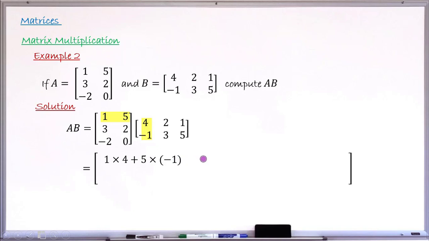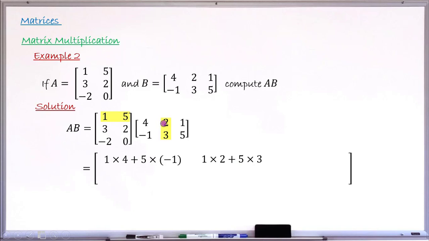So I'll move on. Next, I'm going to take this row times this column. First row times second column. It will give you the entry here. So you now have 1 times 2 plus 5 times 3.